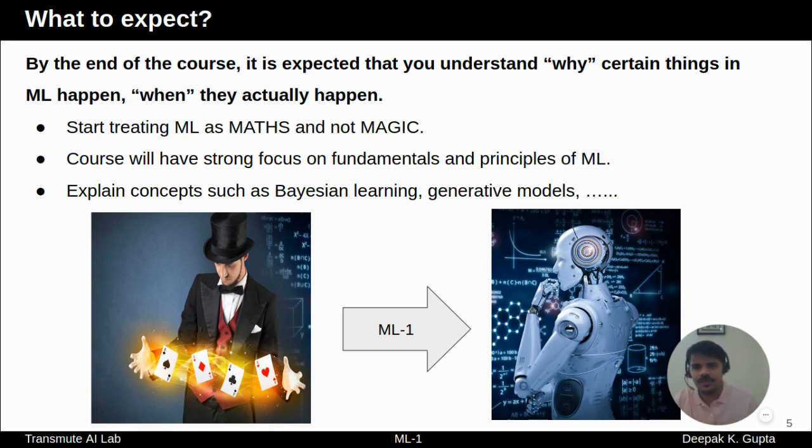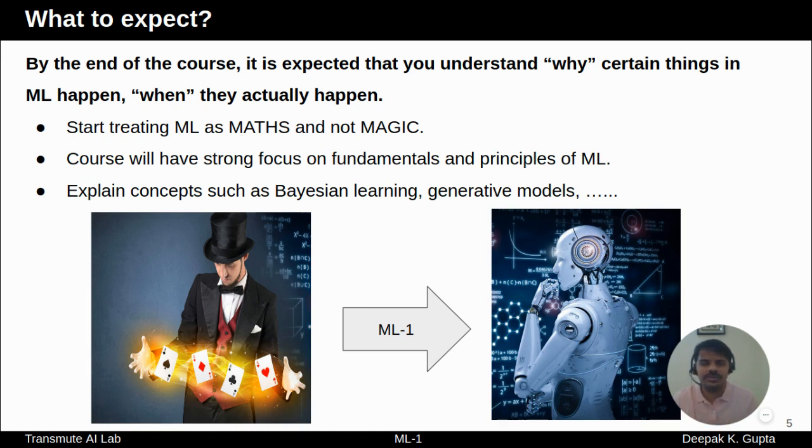I have this picture below, which tries to explain the transformation that you can expect from the course. Expect that right now you are on the left side of the picture. You right now treat machine learning as magic, and you can do fancy stuff with nice code on GitHub with maybe small modifications. But what this course wants you to become is what you see on the right side.